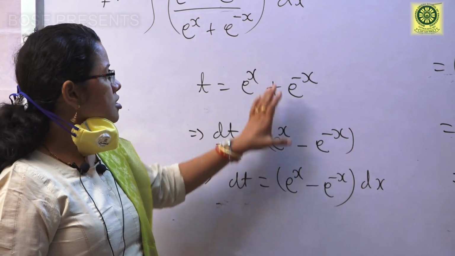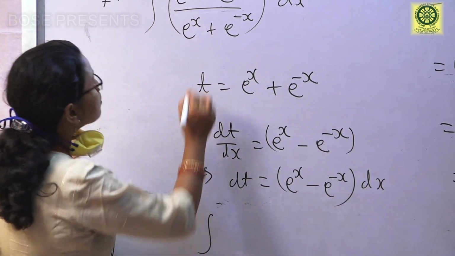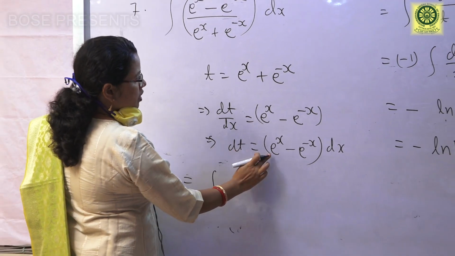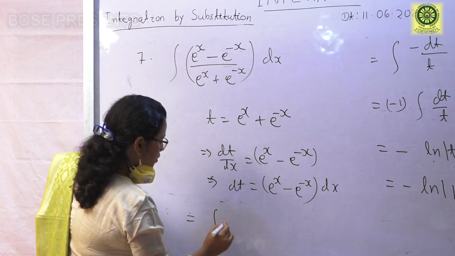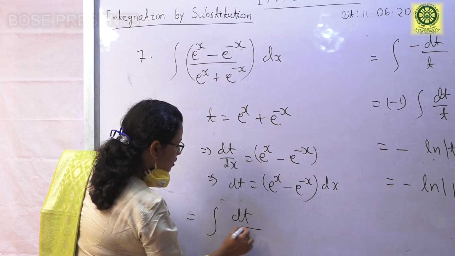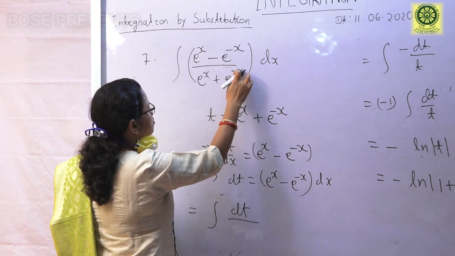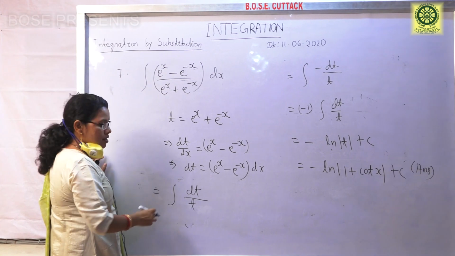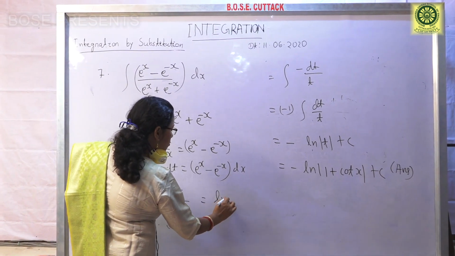Okay, now using this substitution, our problem is transformed. Just write dt in place of e to the power x minus e to the power minus x dx. Okay, that is dt divided by t, replacing e to the power x plus e to the power minus x by t.